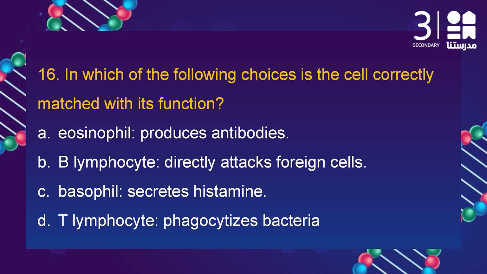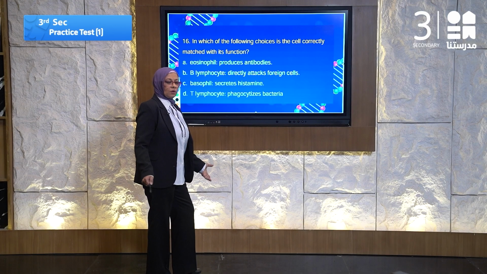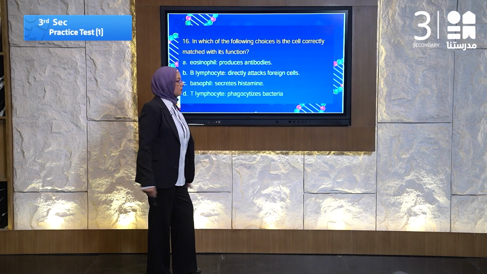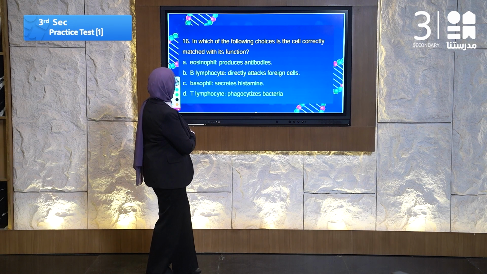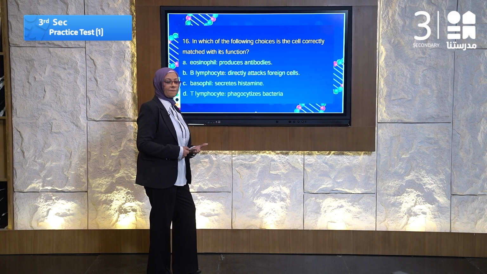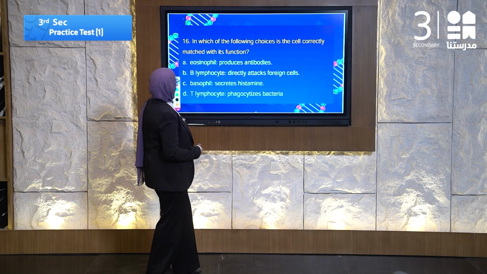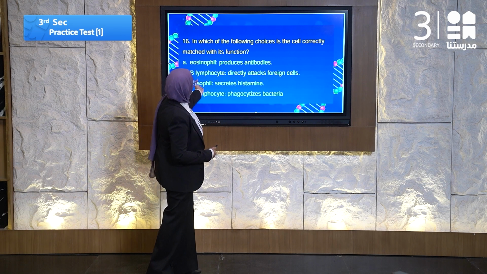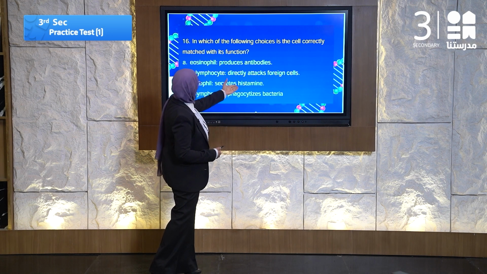In which of the following choices is the cell correctly matched with its function? Cells have many functions, a group of functions. Let's go. We will speak about the immune cells. Eosinophil produces antibodies.